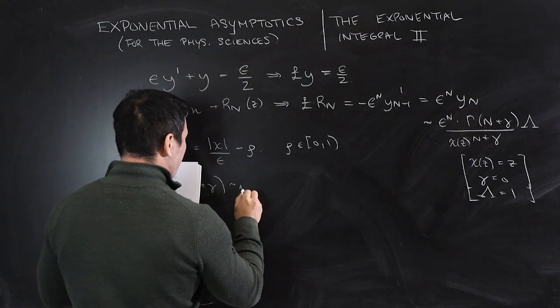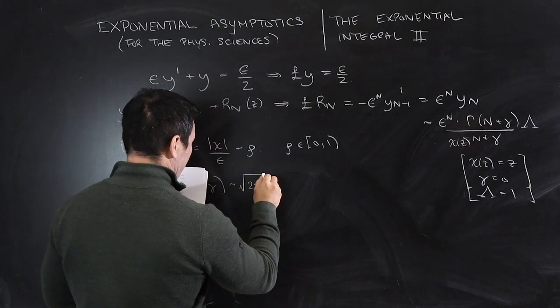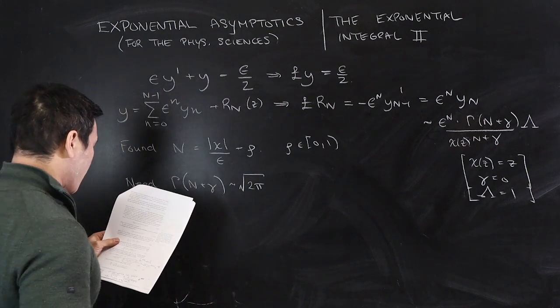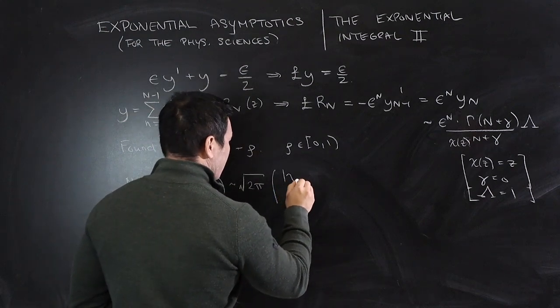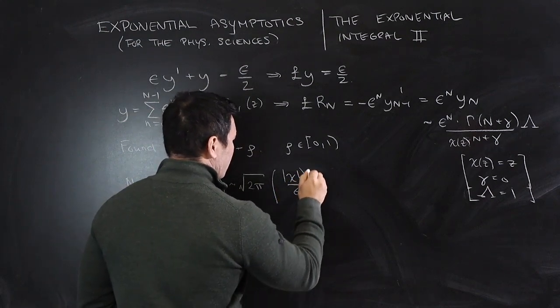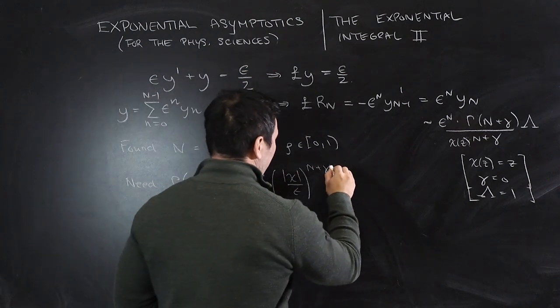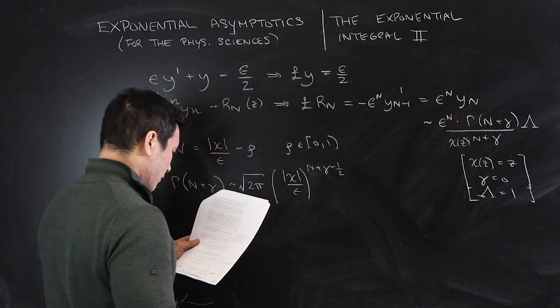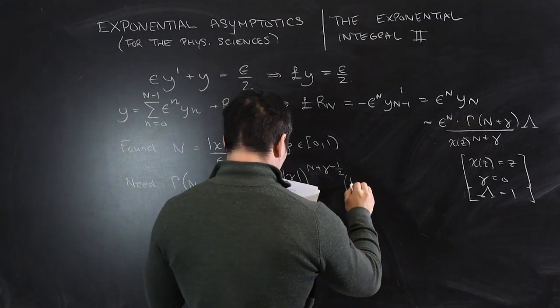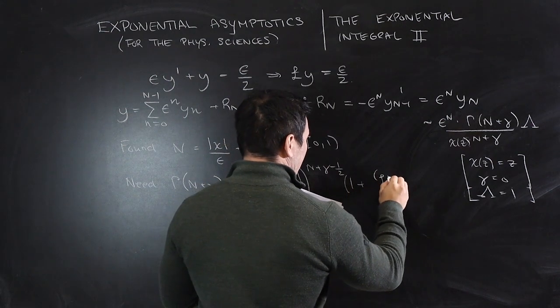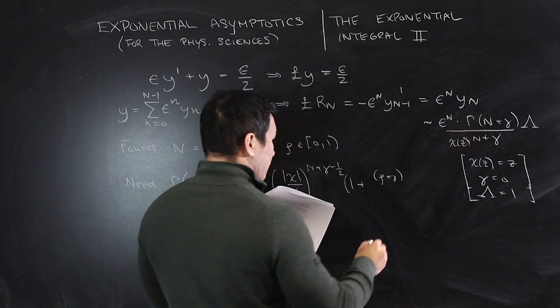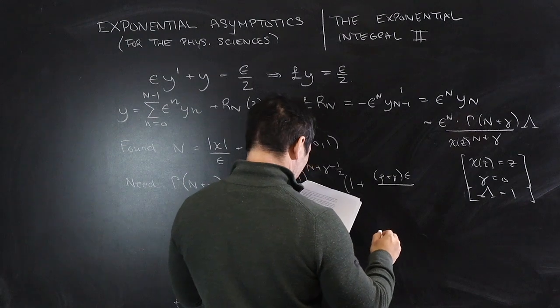So this is root 2 pi, and then it's mod x over epsilon to the n plus gamma minus a half. And then this is 1 plus, in brackets, rho plus gamma times epsilon over mod x.